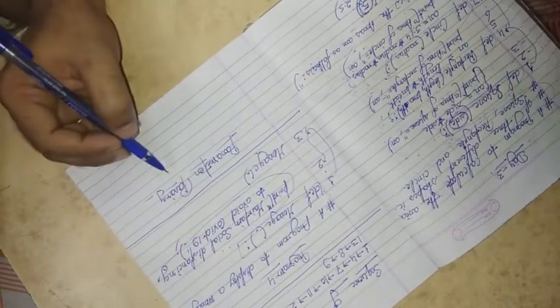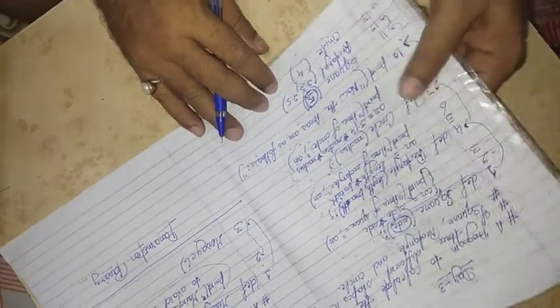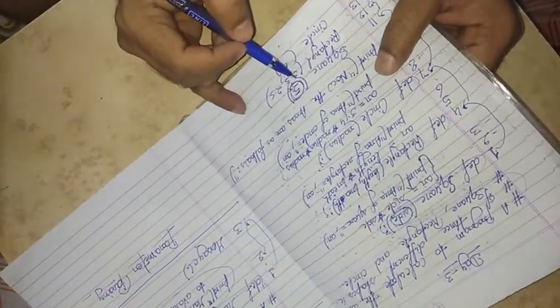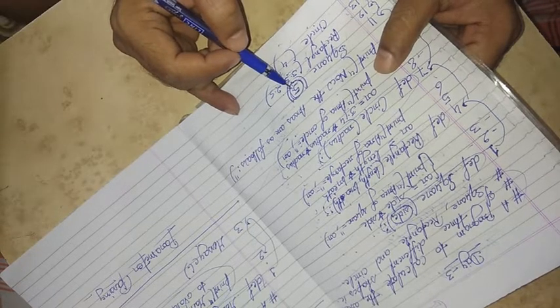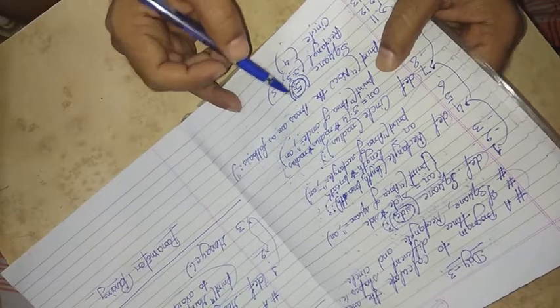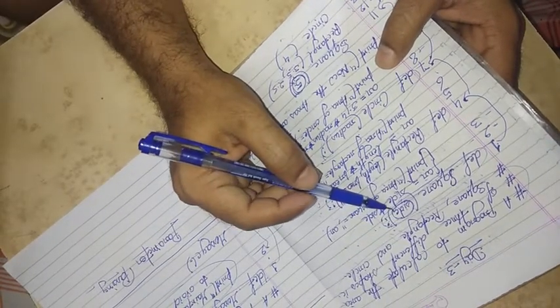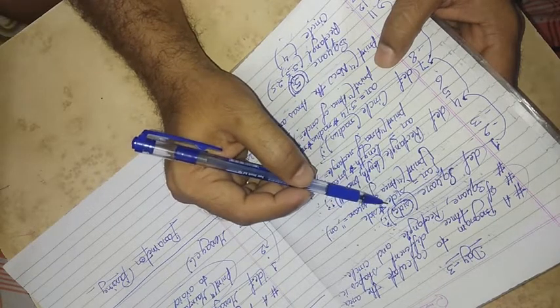So always remember that at the time of function calling, the number of variables or literals required to pass is the same as how many parameters have been passed at the time of function definition.